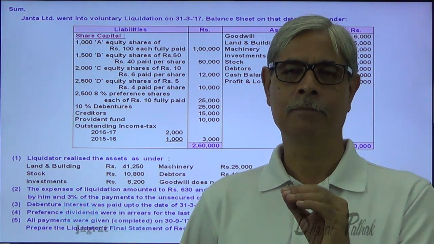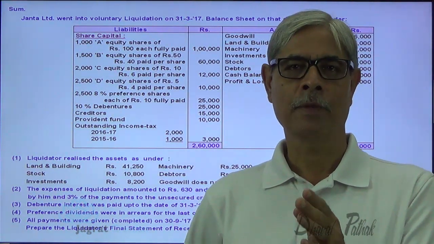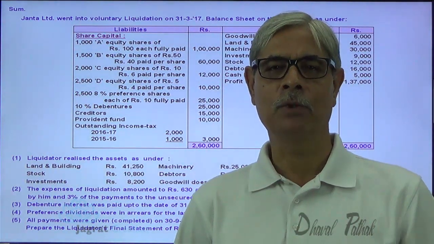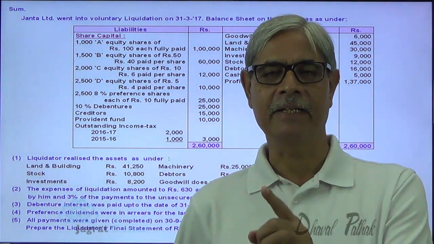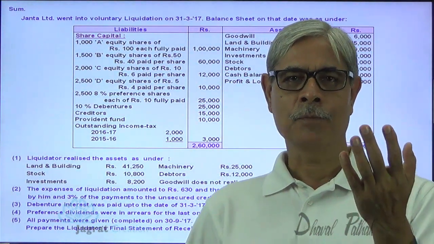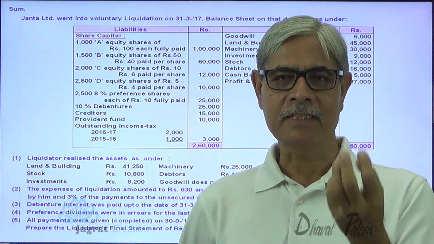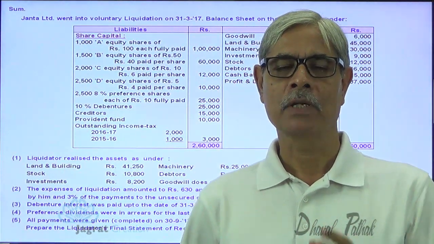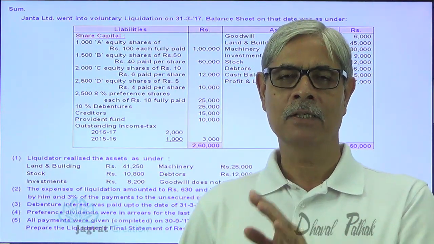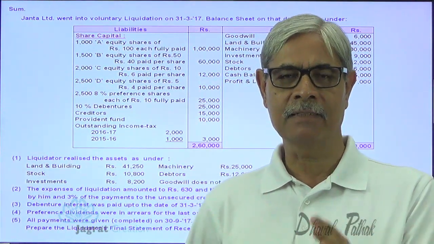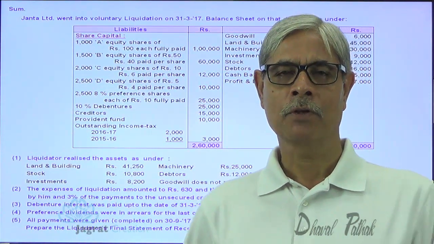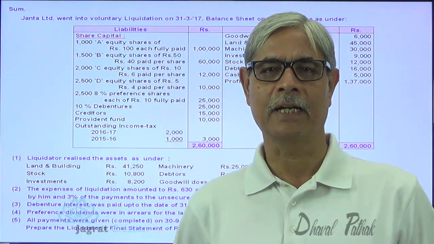After doing that, he is supposed to make payments in a manner prescribed in company law, wherein creditors' interests are protected. So after collecting and realizing cash or sales proceeds of the assets, he has to make payments to all the claimants of the company in a sequence prescribed under company law. What is that sequence? First payment is to be made to fully secured creditors.